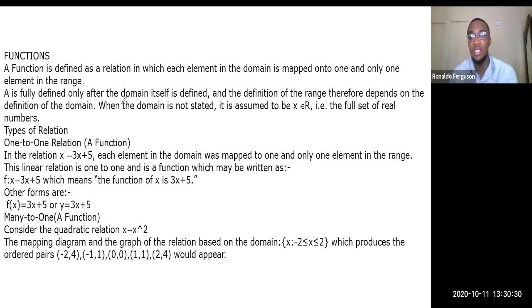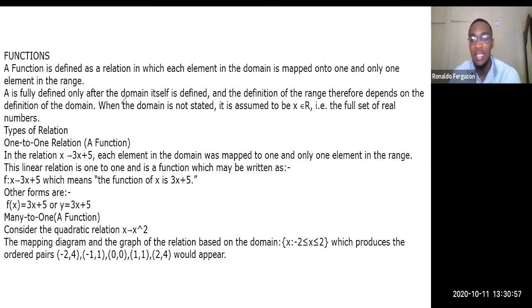All right, the next thing to look at is types of relations. So come off of functions just for a little bit. First, there's what is known as a one-to-one relation. What is a one-to-one relation? A one-to-one relation is where each element in the domain is mapped, and mapped only, to one element in the range.